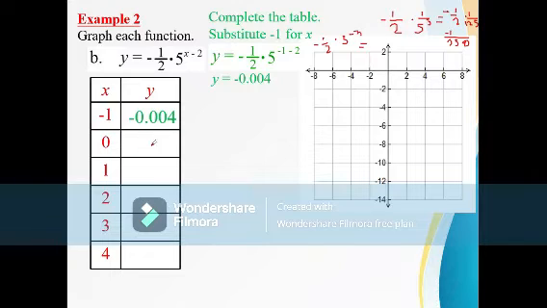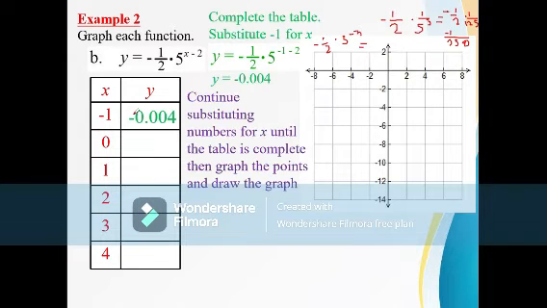If we write 0.00, that would mean it touches the x-axis. So in this case you have to write negative 0.004. So you have negative 1, negative 0.004. That is the first ordered pair.